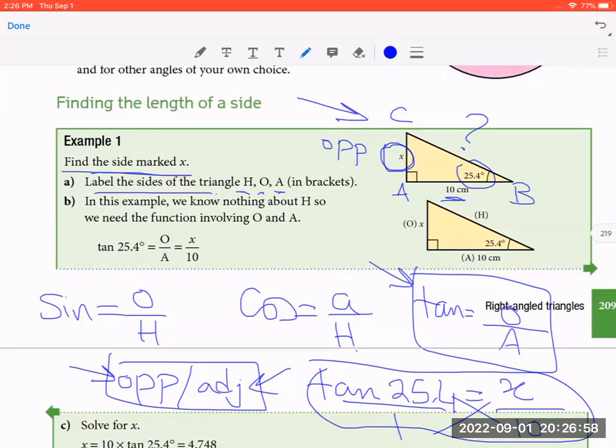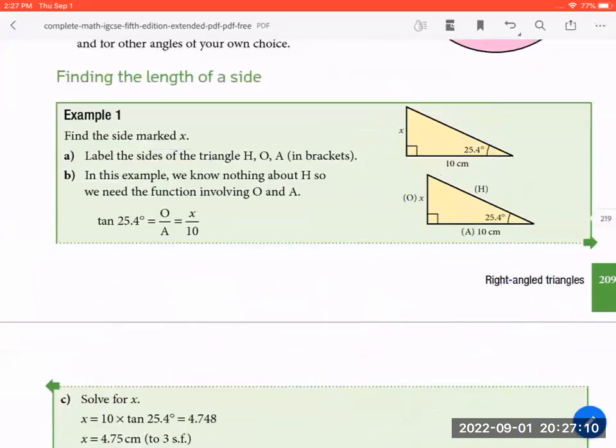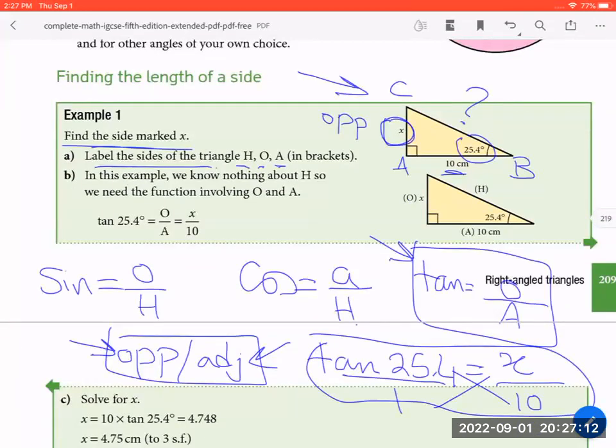Okay, 10, and then shift and press tan. 10, tan. And write 25.4. What do you have? I have 4.748. Yes. Yeah, that's right.